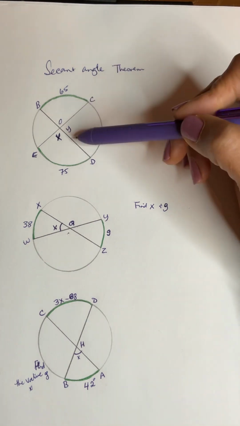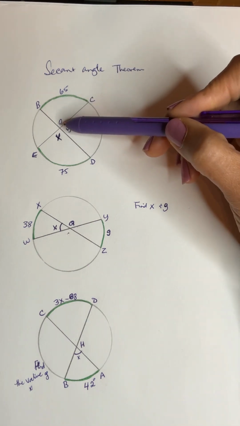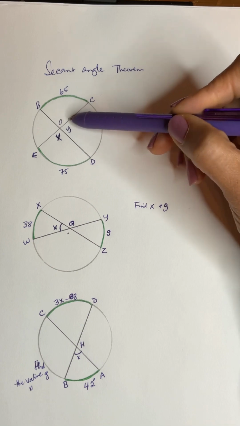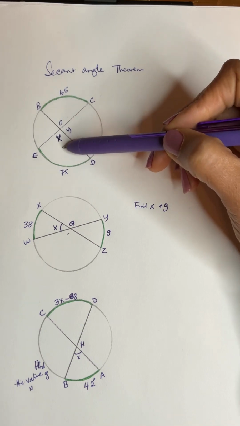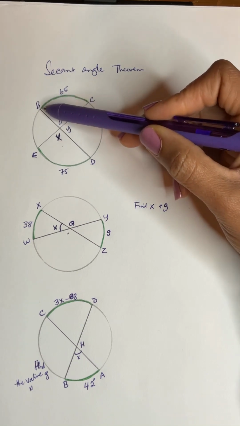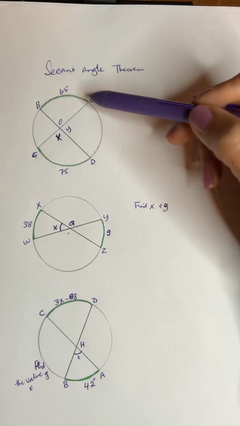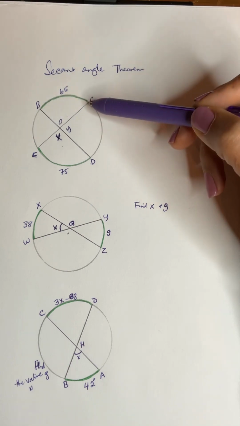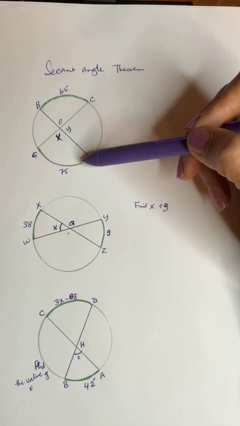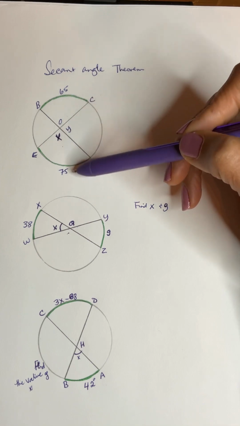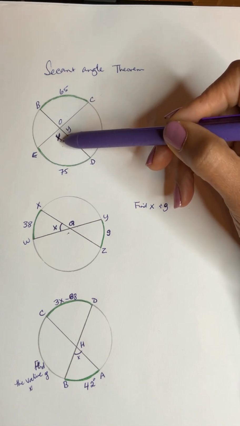So this angle over here is vertical to x, and the measure of arc BC plus arc ED, you total those, the sum divided by 2 is going to give you the value of x.